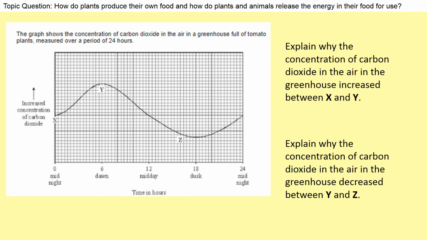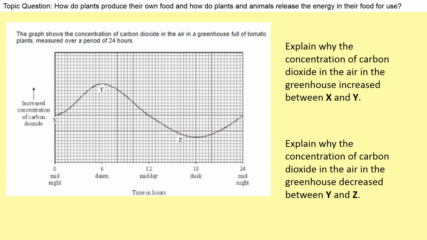So this graph is showing us the changes in carbon dioxide concentration throughout a 24-hour period that a plant has been recorded. So it's in a greenhouse full of tomato plants. They're recording the concentrations of carbon dioxide in the air. So we're looking at the bottom.